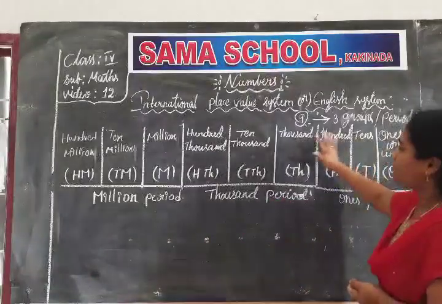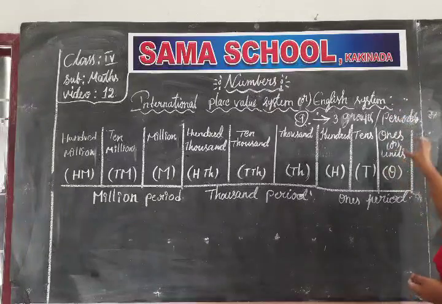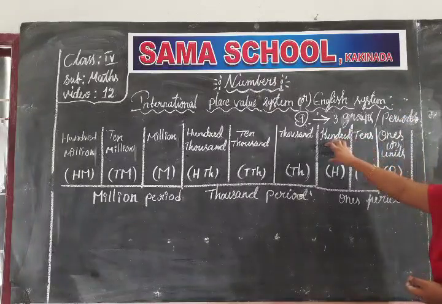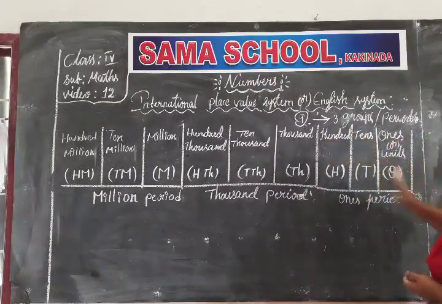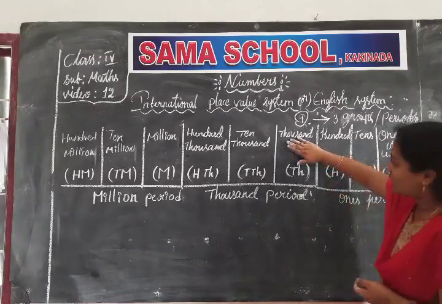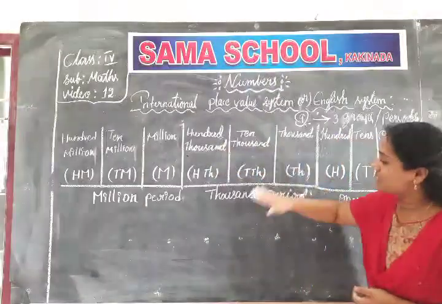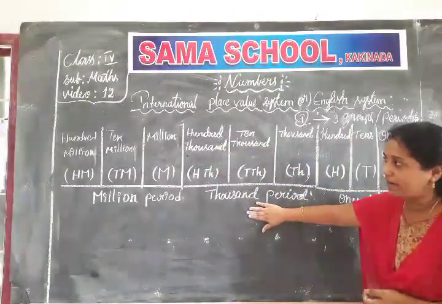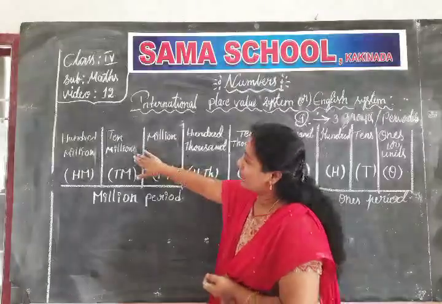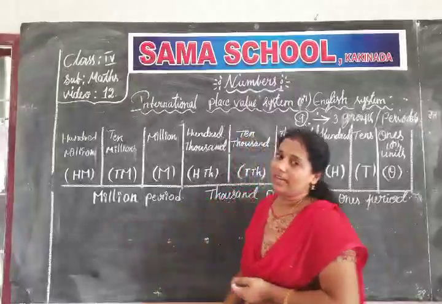Once again, everyone look at the board. The 9 places are divided into 3 groups. Ones, tens, hundreds come under the ones period. 1,000, 10,000, 100,000 come under the thousand period. Million, 10 million, 100 million come under the million period.